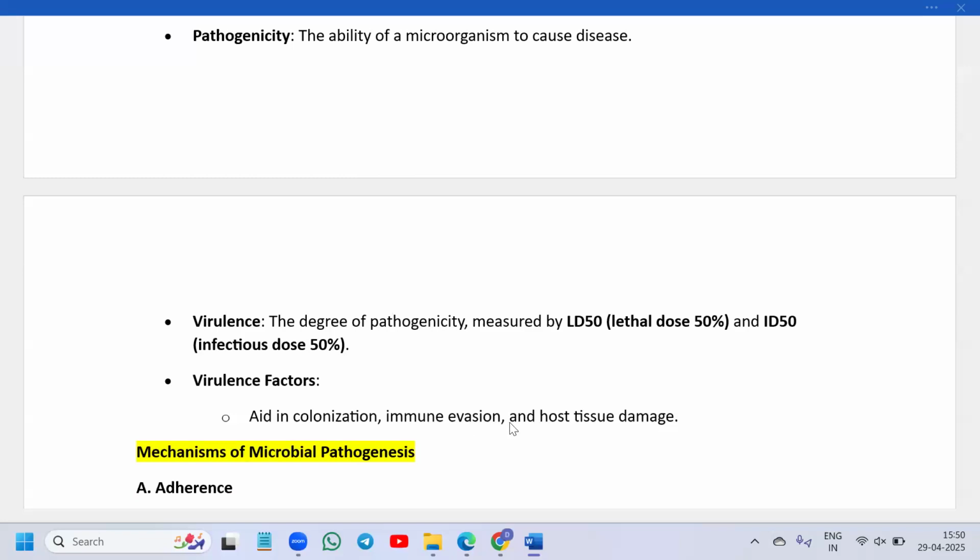And it will start evading your immune system. It will destroy your T cells and B cells, and it will reduce your immune system capacity. It will also cause tissue damage.